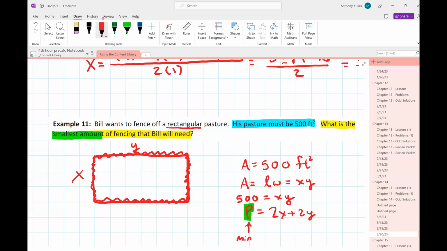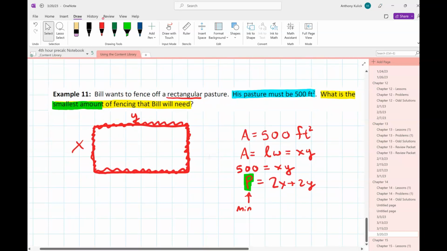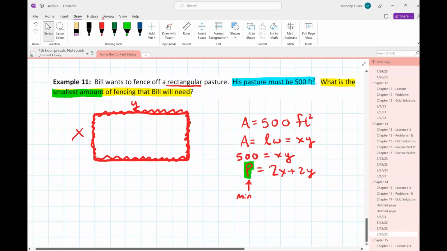Everybody's okay? So far, so good? Now, what's the problem with our equation for P? Will I be able to calculate a minimum with it the way it's written?